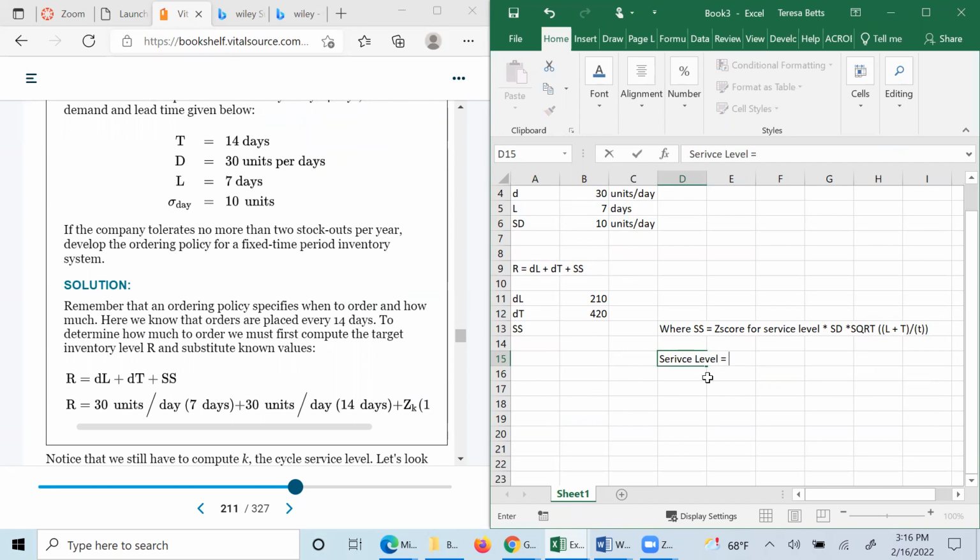And what we're saying is that we want no more than 2 stock outs. Okay. So what percentage is that for us? Well, we know that we order every 2 weeks, and there are 52 weeks in a year. So that means that we're going to order 52 divided by 2, 26 times per year.